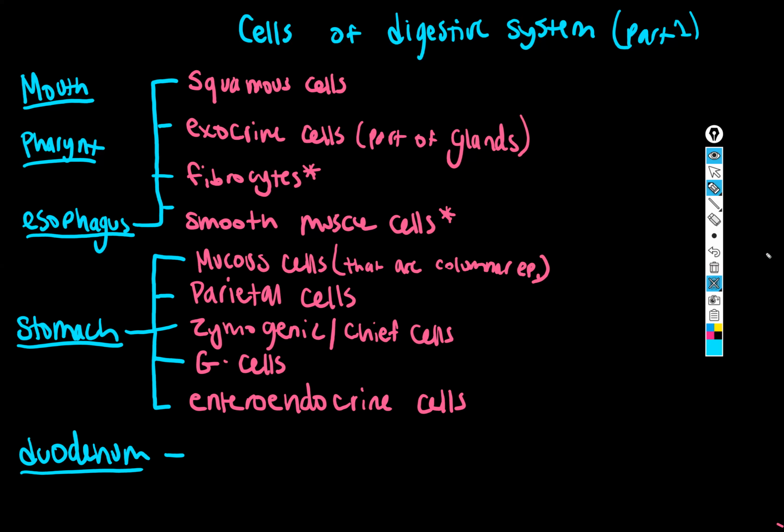So those two cell types are going to function the same in the submucosa and muscularis externa, respectively, in all of the tubes. So there's some stuff that we can just apply globally. So in the duodenum, we are going to have, oops, it should be pink.